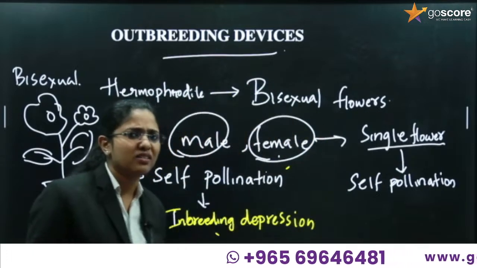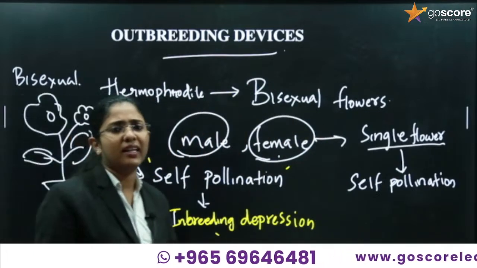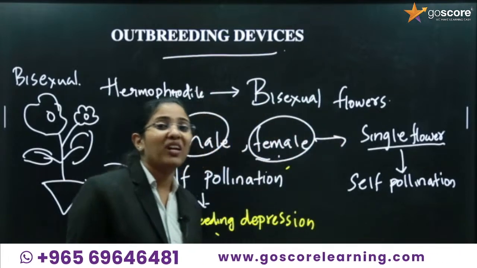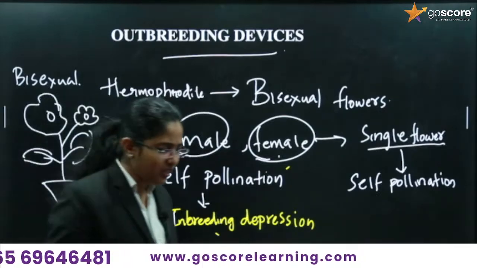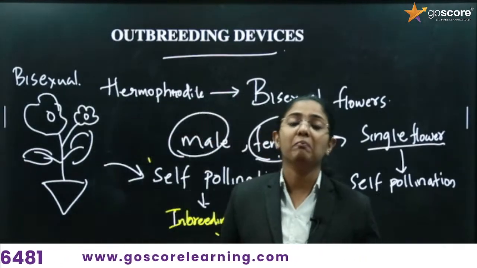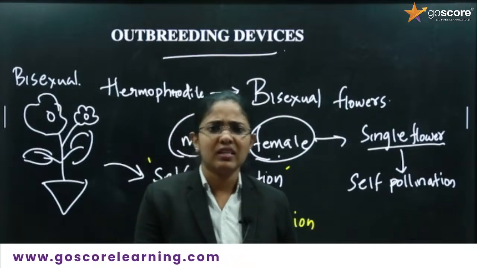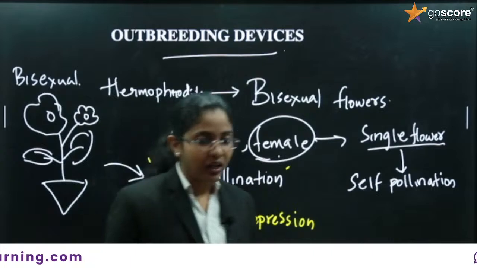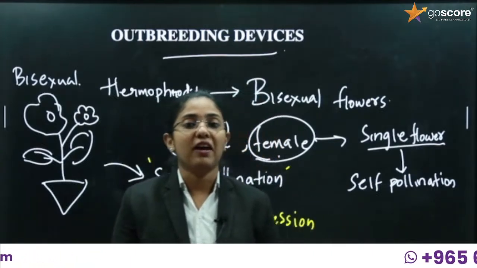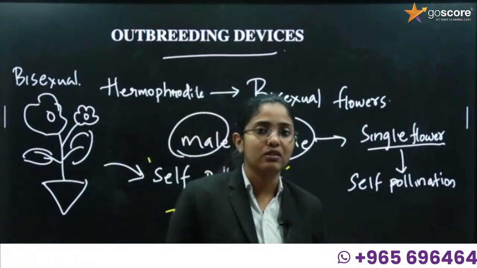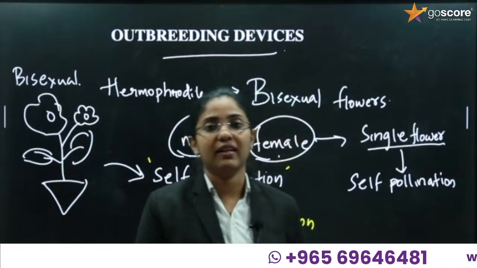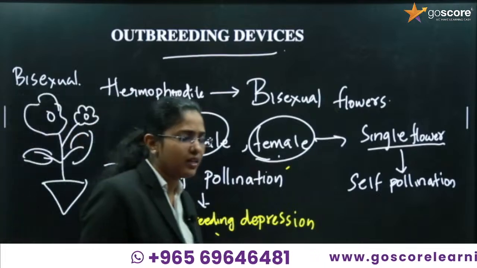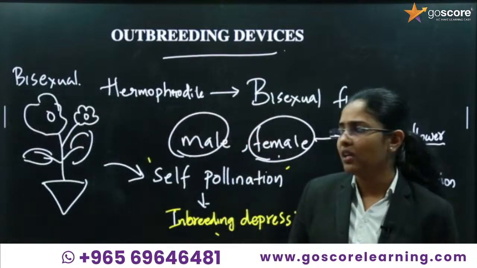That means the genetic combinations will have some kind of mutation which is not favorable to that plant. Consider human beings: consanguineous marriages, or cousin marriages, in the same family have a high chance of genetic disorders. You have learned that, right? The same happens in plants. If continuous self-pollination is done, there is a chance of inbreeding depression.